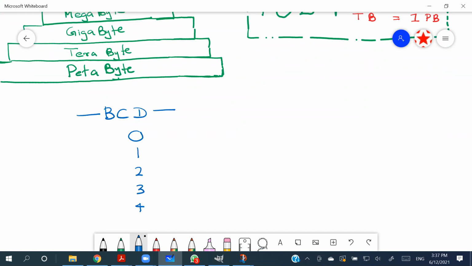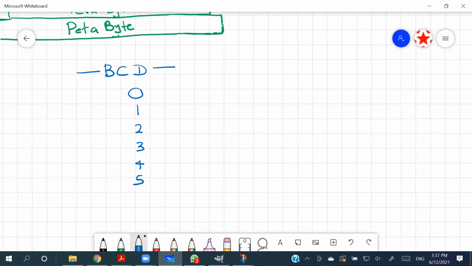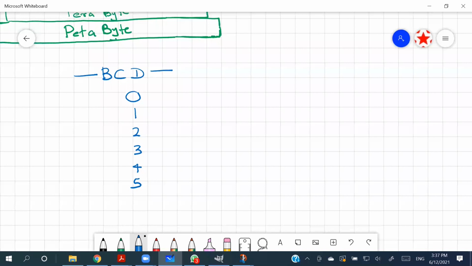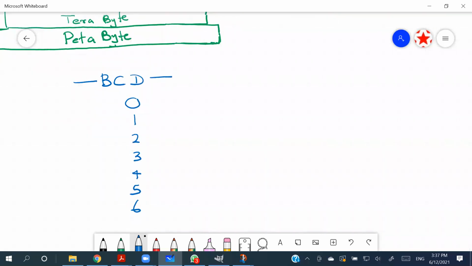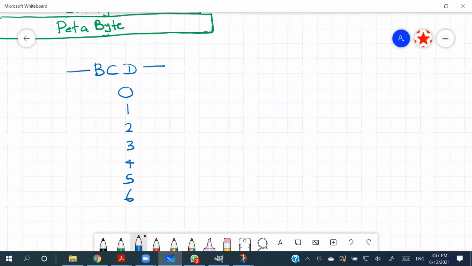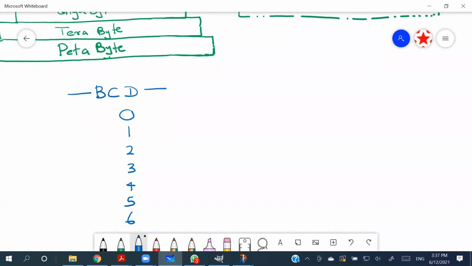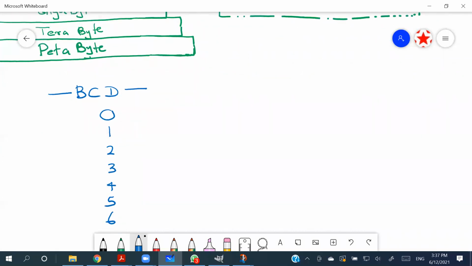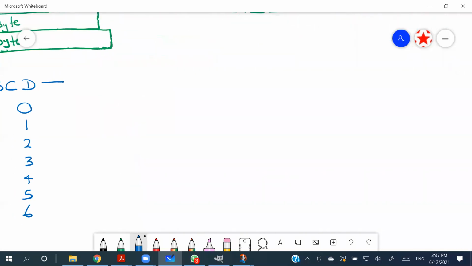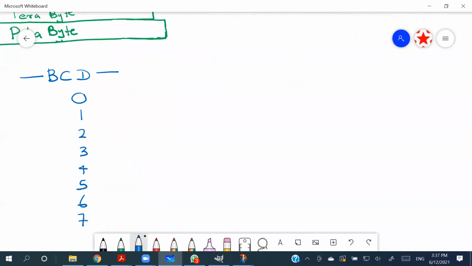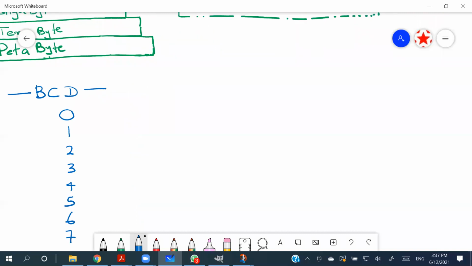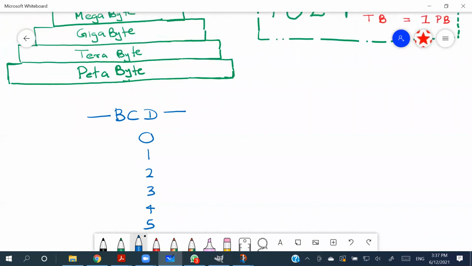6. Oh, why is it not allowing me to go up? 7. Oh, I don't know, for some reason, right?